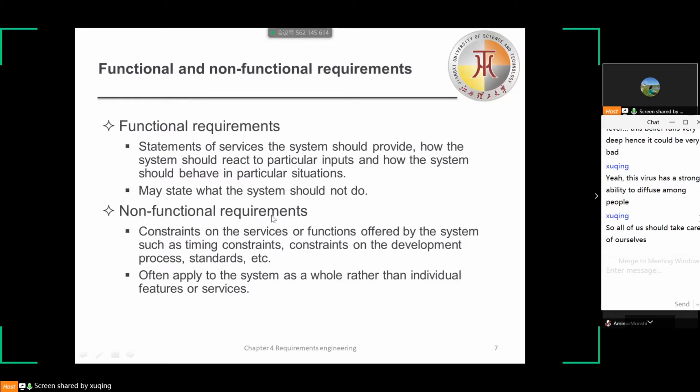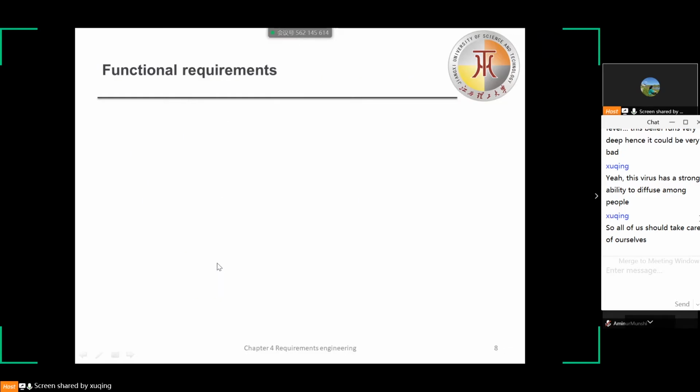But for non-functional requirements, we have some precise requirements like timing constraints, constraints on the development process, the process capability, etc. In fact, the distinction between different types of requirements is not as clear-cut as these simple definitions suggest. We'll see these two types of requirements in detail.